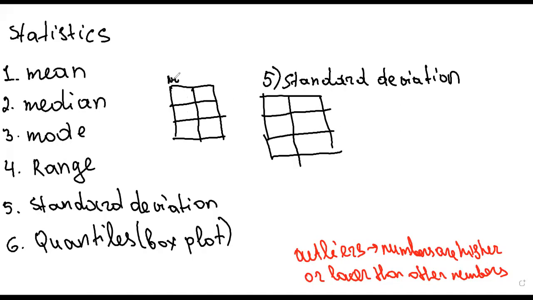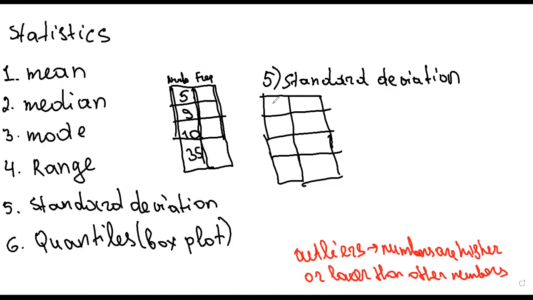So here we have number and we have frequency. Let's say we have 5, 9, 10, and 35, and again the same numbers. The frequencies are 2, 2, 2, and 2 in the first table. But in the second, we have 2, 2, 2, and frequency 5.